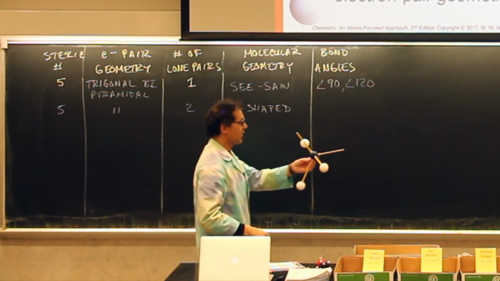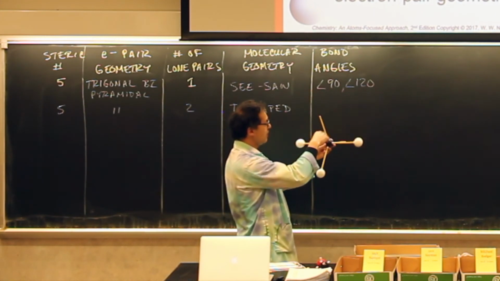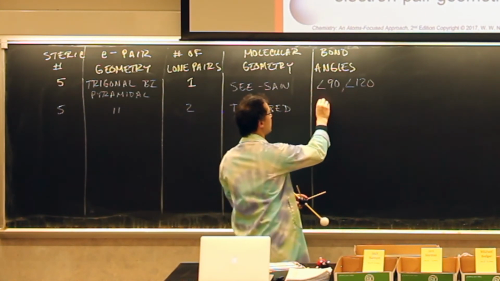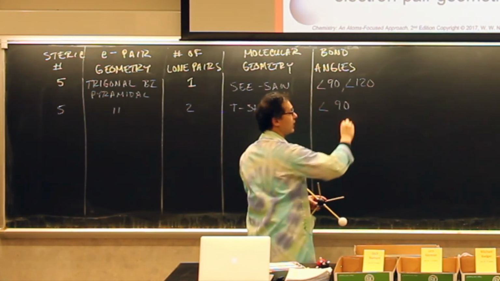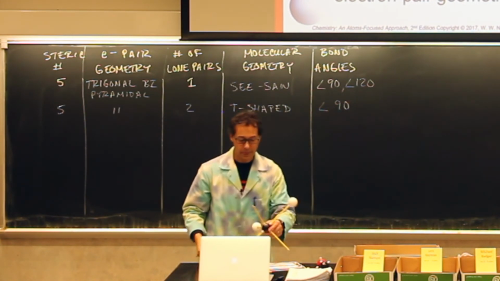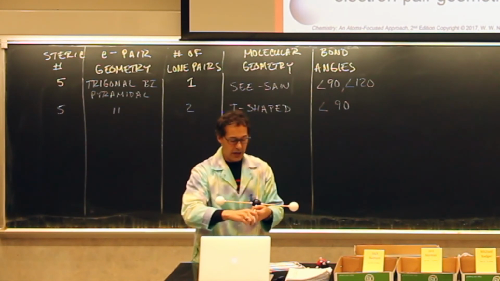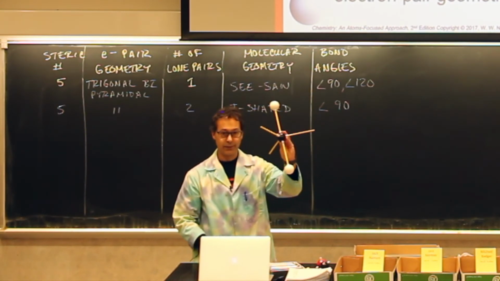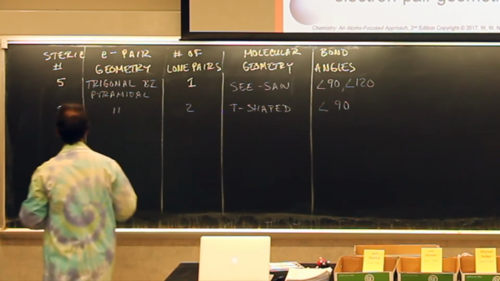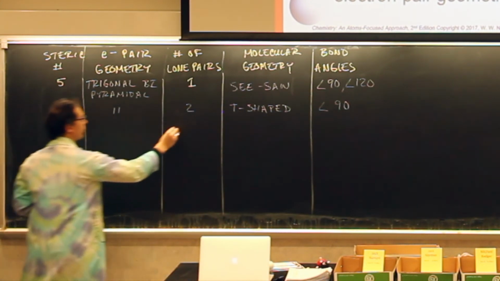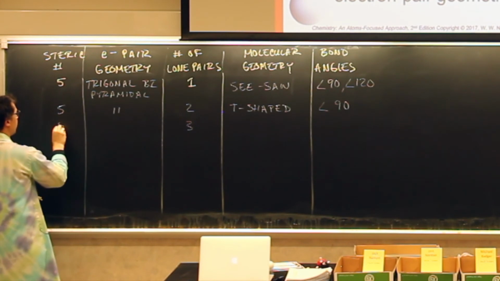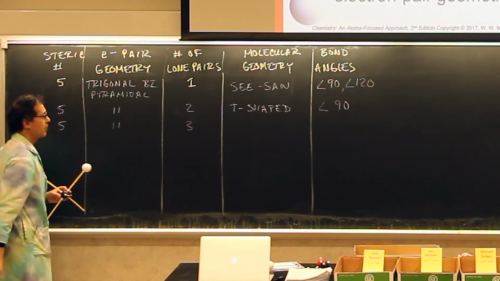And then our bond angles on this, we'd expect this to be 90, but because we have the lone pairs, we might say less than 90 degrees. And if we had one more lone pair, let's see here, we're going to have 3 lone pairs, 5, still trigonal bipyramidal.